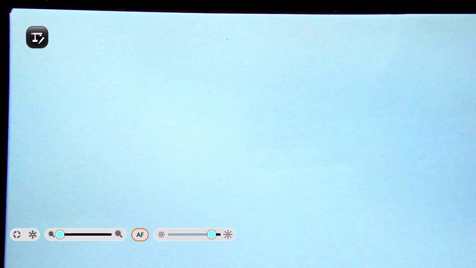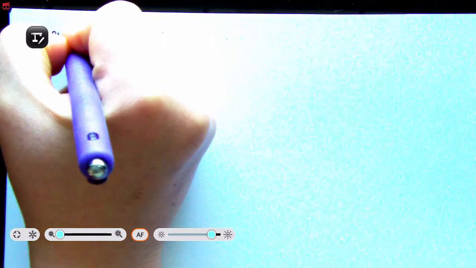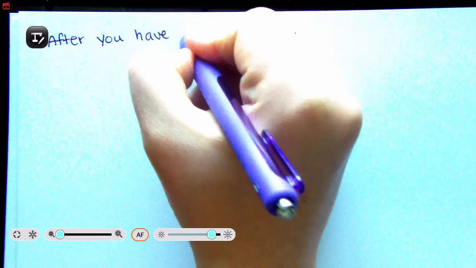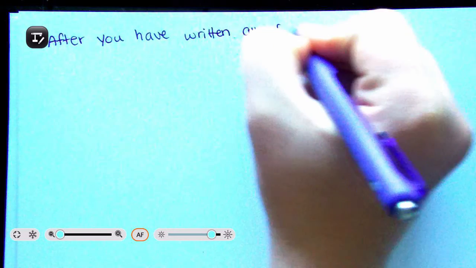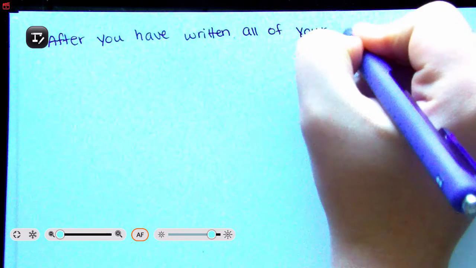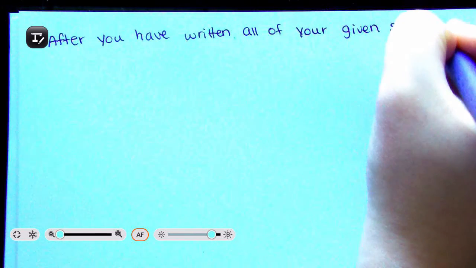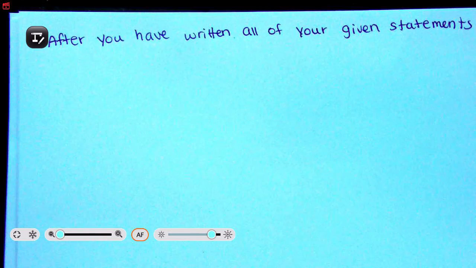So for the middle part of the proof, after you have written all of your given statements, you're going to do two things.